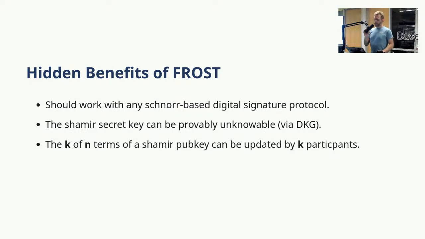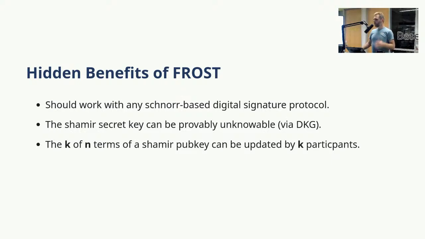Also, this is also black magic. The K of n terms of a Shamir pub key can be updated by K participants. So we'll get into what this actually means. But essentially, one thing with Bitcoin is once you send money to a Bitcoin address, those funds are locked to that address, and that address is a public key, essentially.